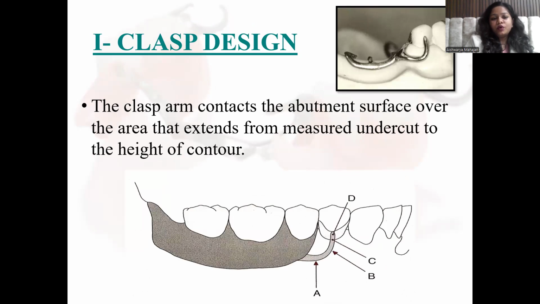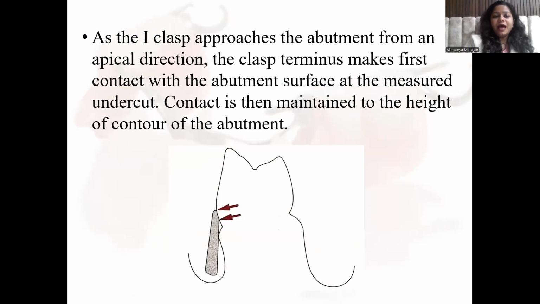The clasp arm contacts the abutment surface over the area that extends from the measured undercut to the height of contour. And here at part D, this is the only point of contact of this type of clasp to the tooth. As the I clasp approaches the abutment from the apical direction, the clasp terminus makes first contact with the abutment surface at the measured undercut, and the contact is then maintained to the height of contour of the abutment.